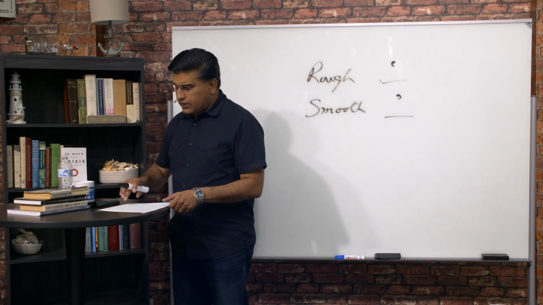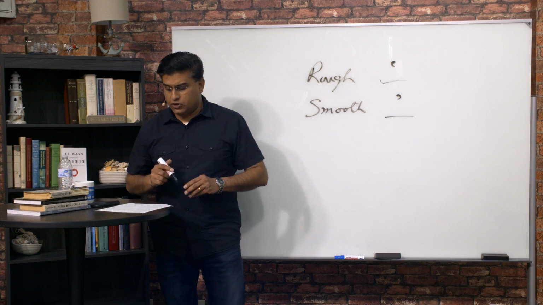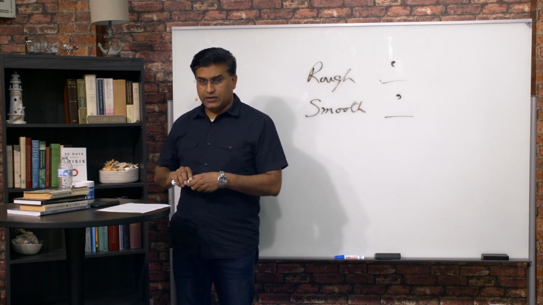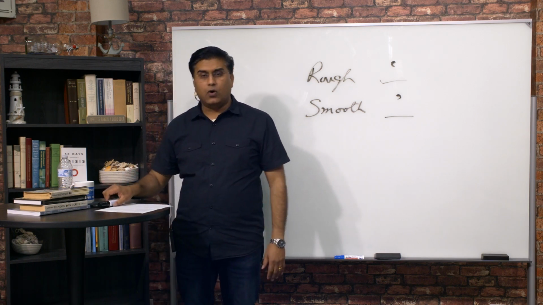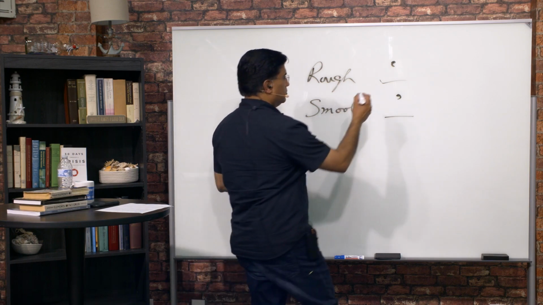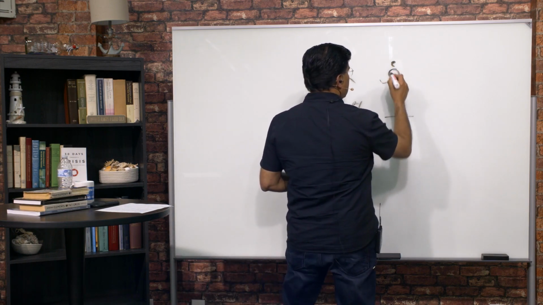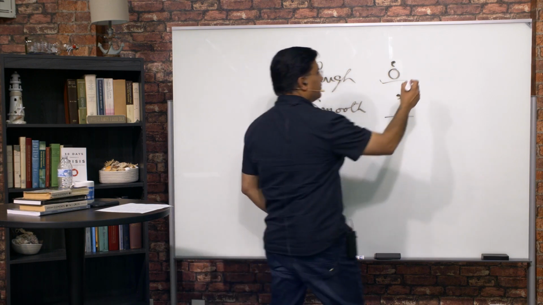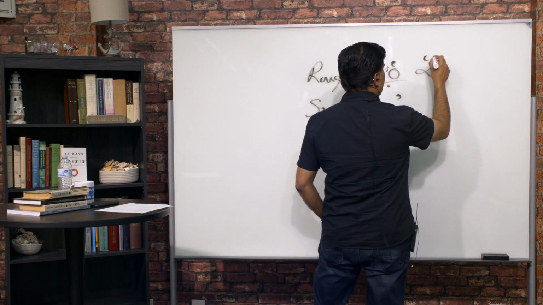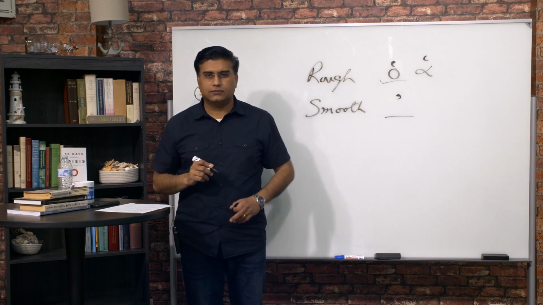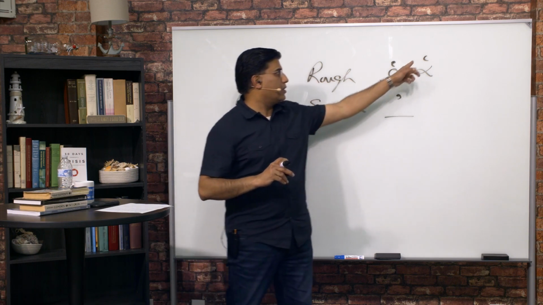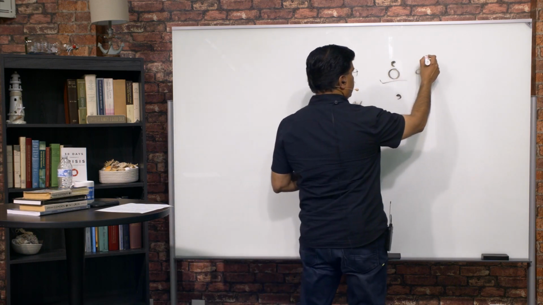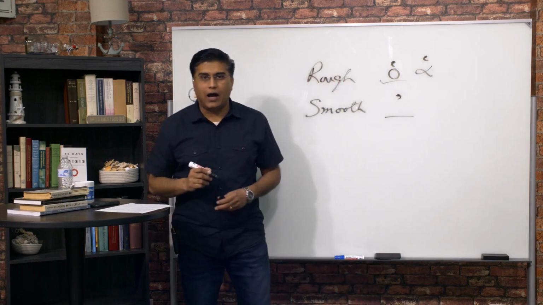In classical Greek, Erasmian pronunciation, the rough breathing had the H sound. For example, ha. If I were to put that right here, that would be ha. With that rough breathing symbol, it becomes ha.